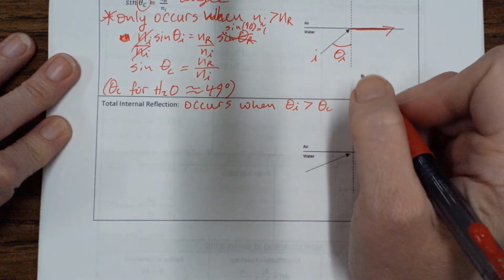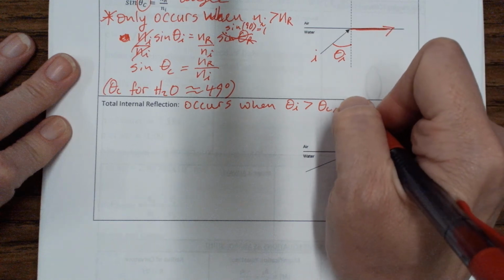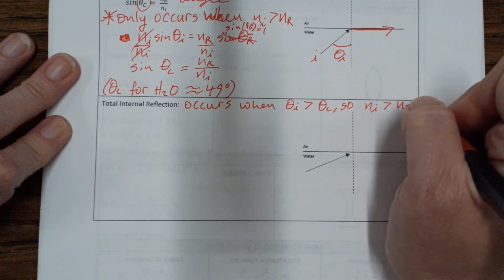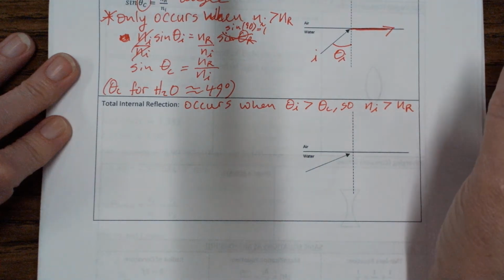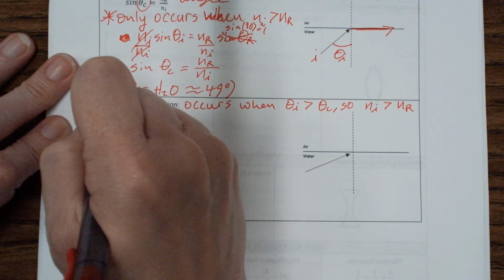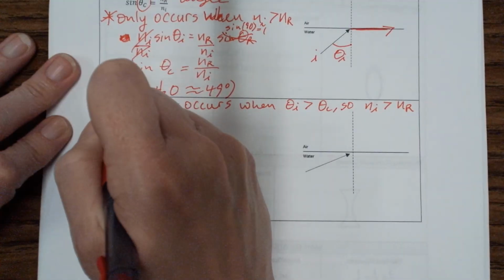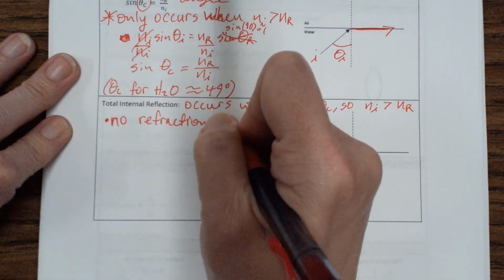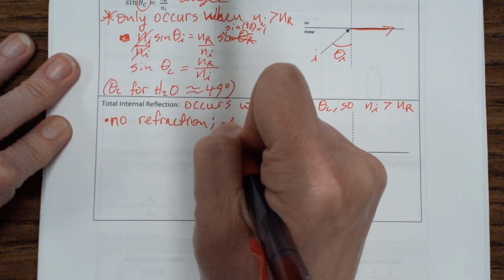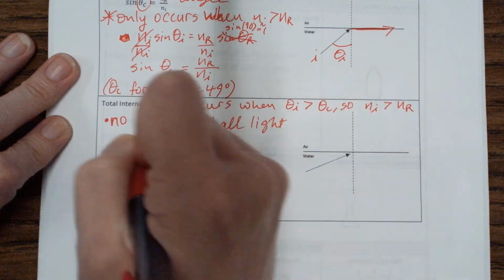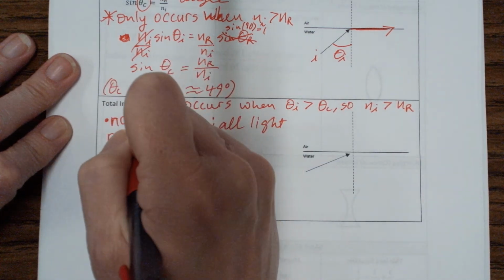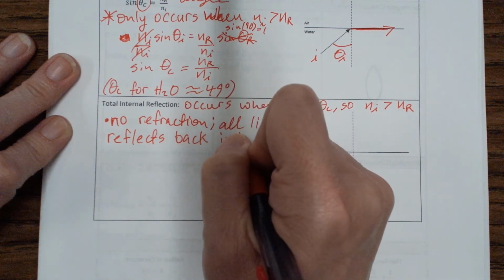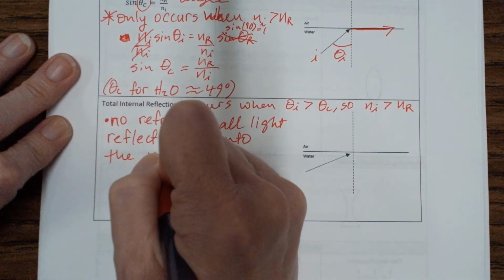So the incident angle is greater than the critical angle, and Ni is greater than Nr for this to happen. There is no refraction. All light reflects back into the medium.